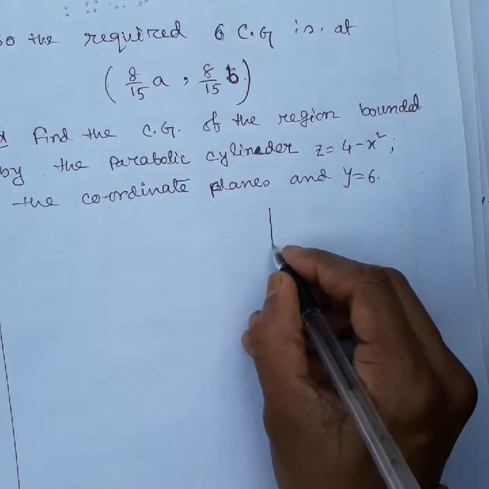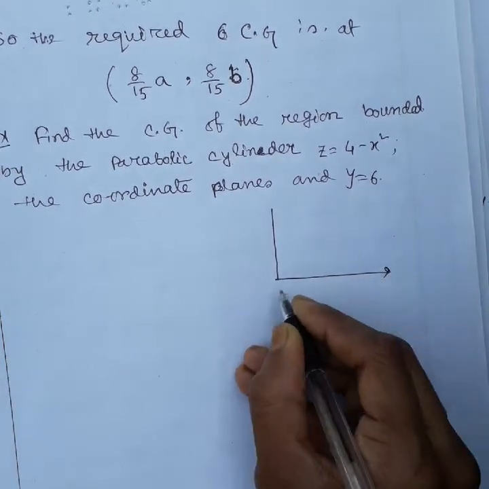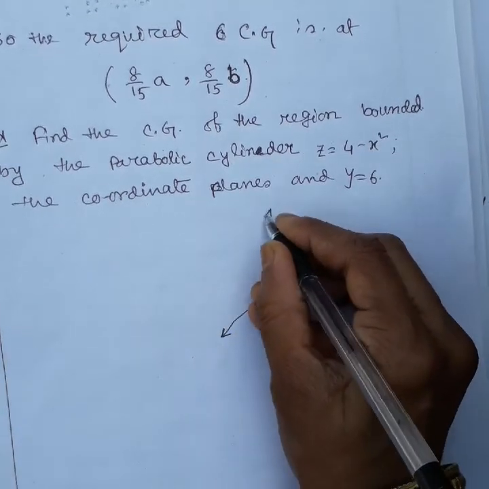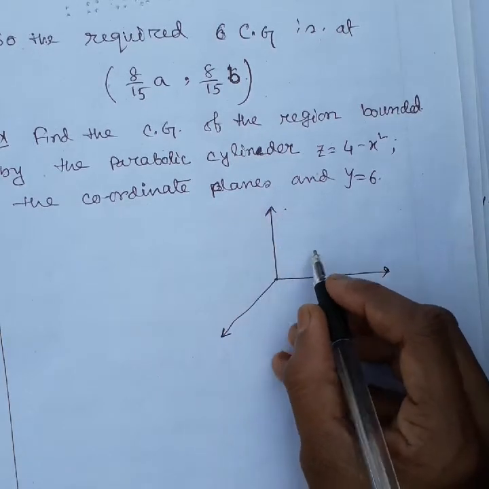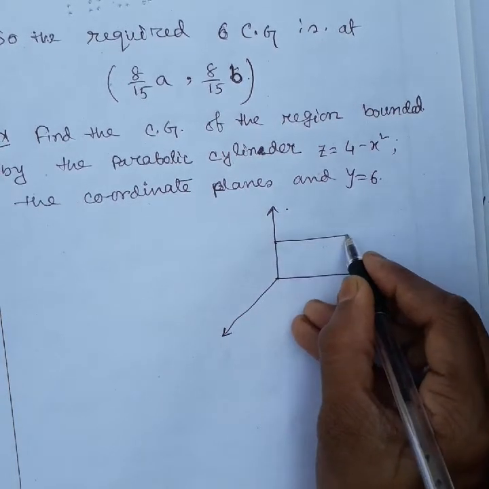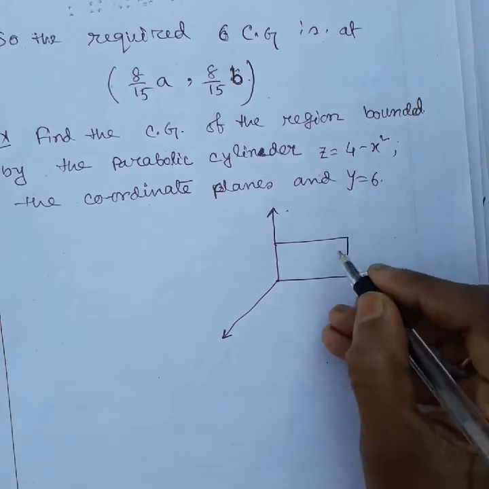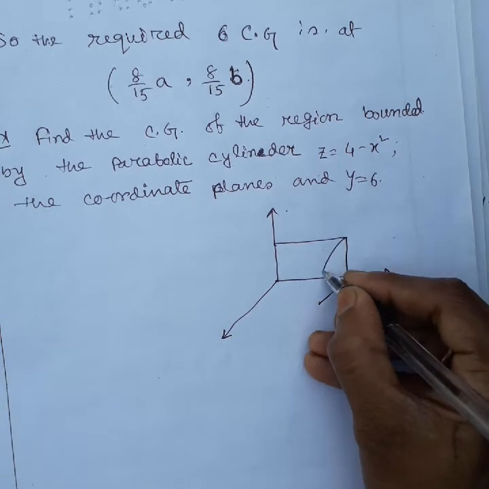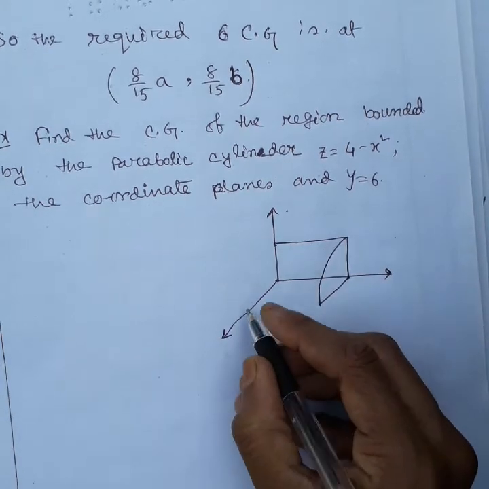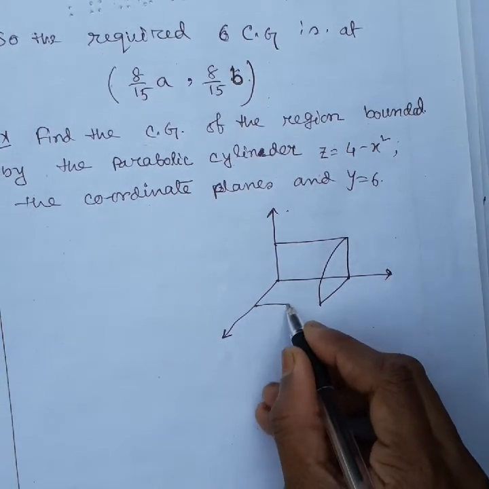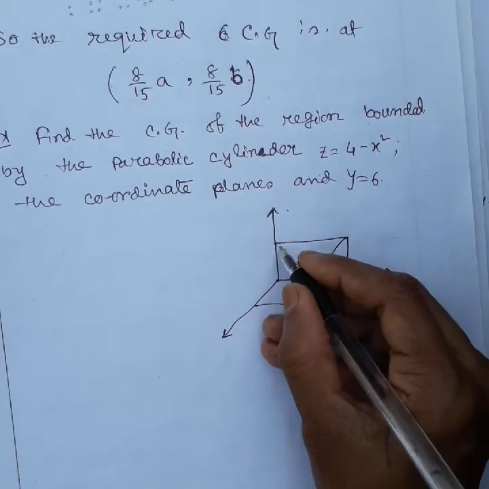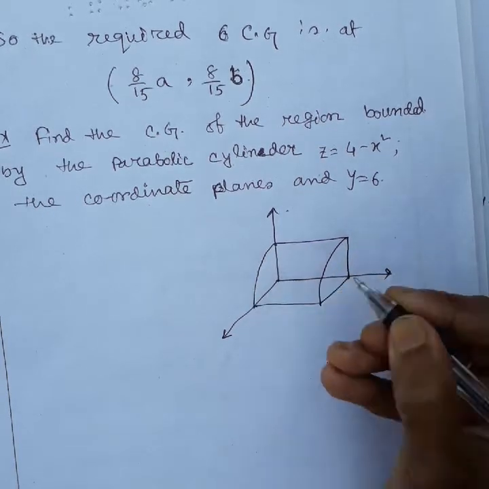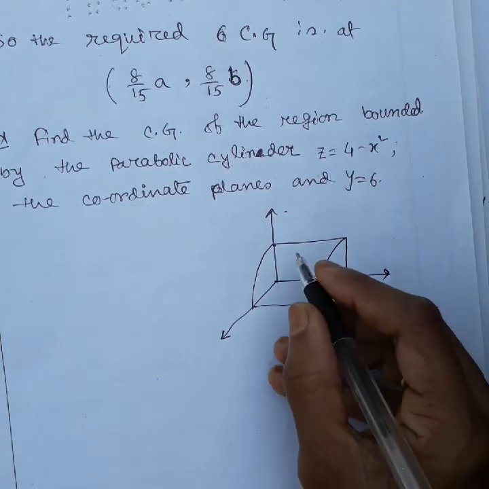Okay. Now to solve this, first we draw the picture as it is a parabolic cylinder. So this type.